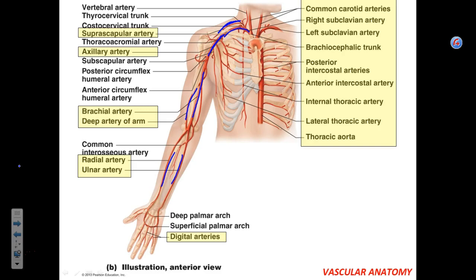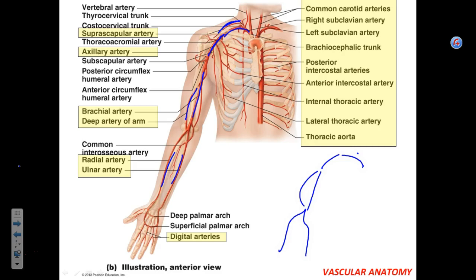Does that make sense? So you can kind of run it this way, that you have subclavian, axillary, brachial, radial, ulnar. And the deep artery of the arm is right here. Are we good?